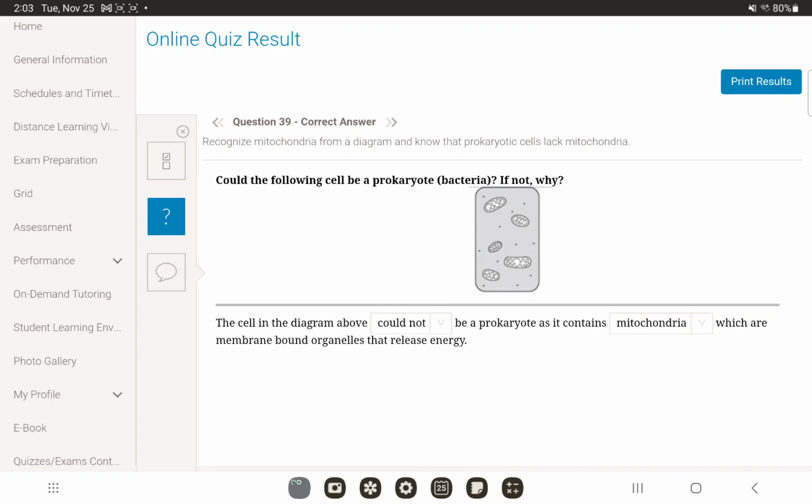And then, the cell diagram above could not be a prokaryotic cell, as it contains mitochondria, which are membrane-bound organelles that release energy. So one of the organelles that prokaryotes are missing is mitochondria.